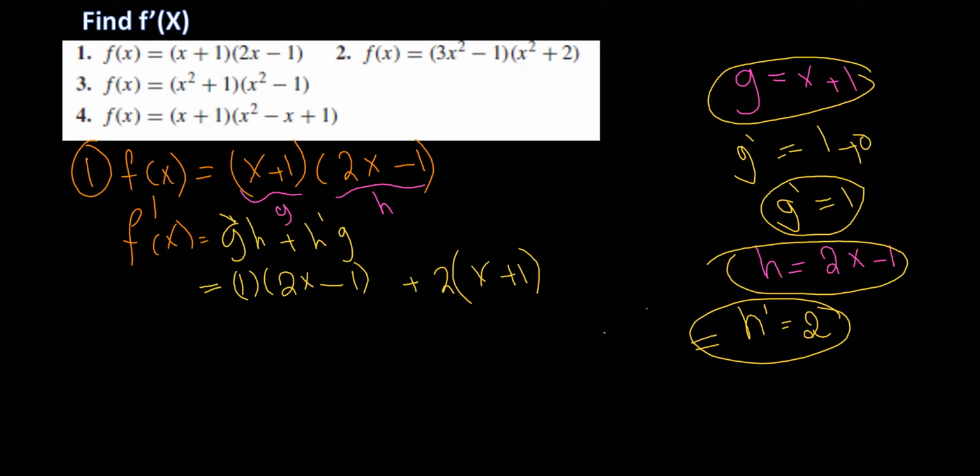Is it clear now? Until here, is it clear? Yes, teacher. Then 1 times this function has to be 2x minus 1 plus, let's now distribute 2 on x and 1. It has to be 2x plus 2. Then after that, 2x plus 2x is 4x, minus 1 plus 2 is plus 1.